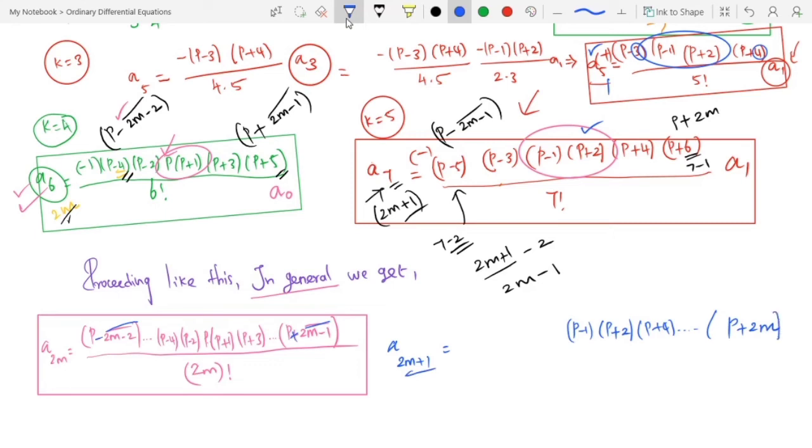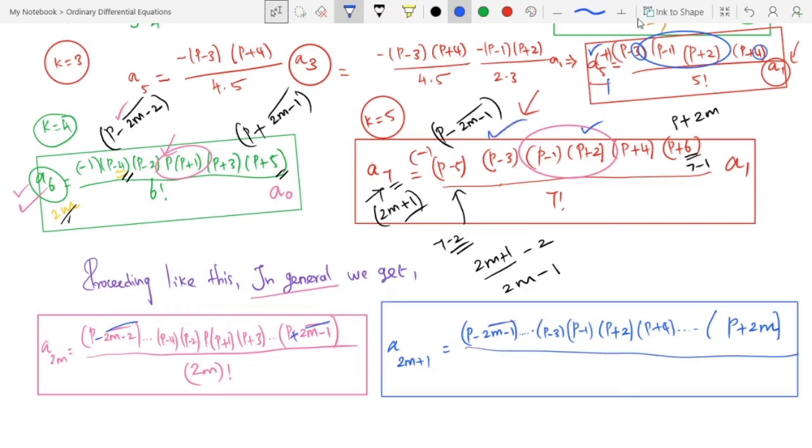Left hand side P minus 3 and so on to end with P minus 2m minus 1 bar, that is 2m plus 1 minus 2, that's equal to 2m minus 1 as said before. Whole divided by 2m plus 1 factorial.